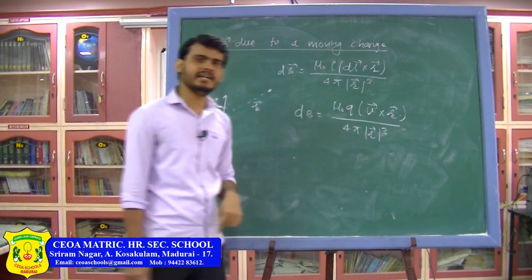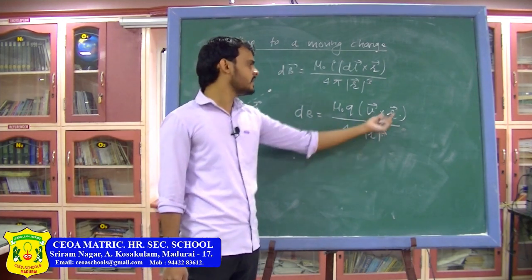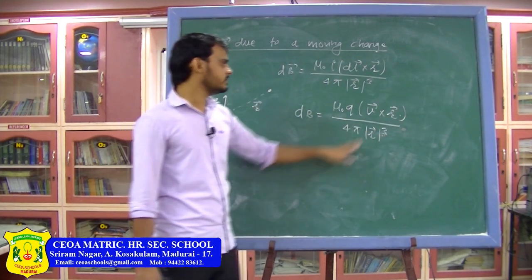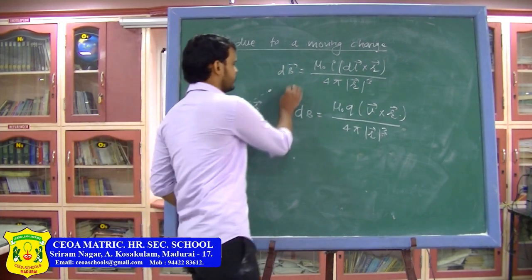Or you can use the right hand palm rule. In the right hand palm rule, you will keep your thumb in the direction of velocity and fingers towards the point. This will give you the magnetic field direction due to a moving charge. So the moving charge magnetic field formula is this.